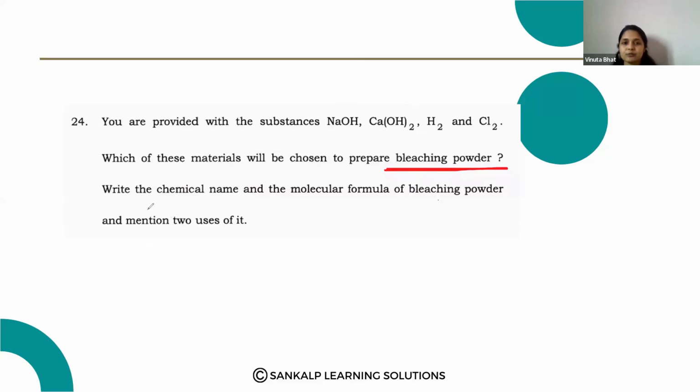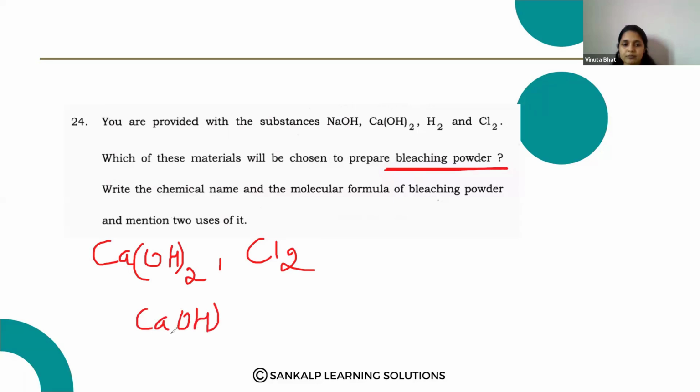So, for the preparation of bleaching powder, calcium hydroxide, Ca(OH)2, and chlorine are required. When chlorine is passed through the calcium hydroxide, bleaching powder is formed. Okay. Calcium hydroxide, Ca(OH)2, plus chlorine.